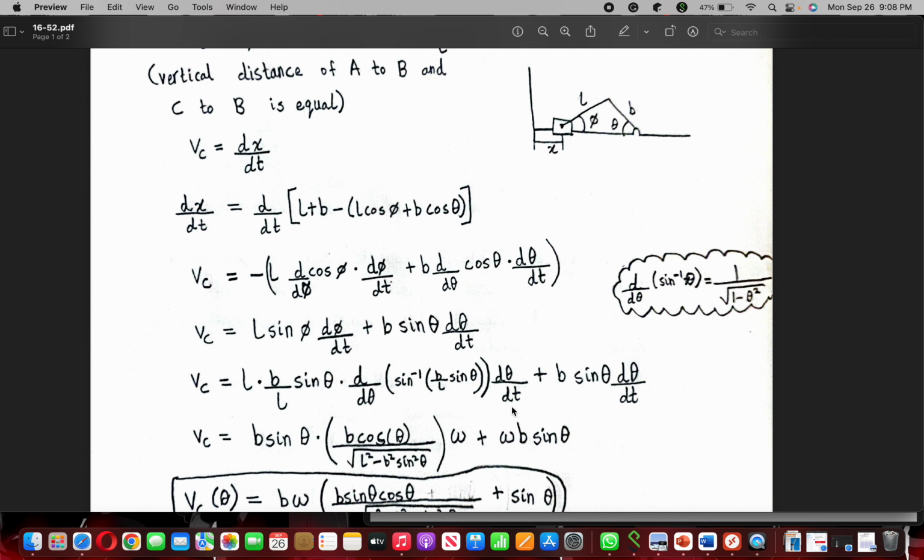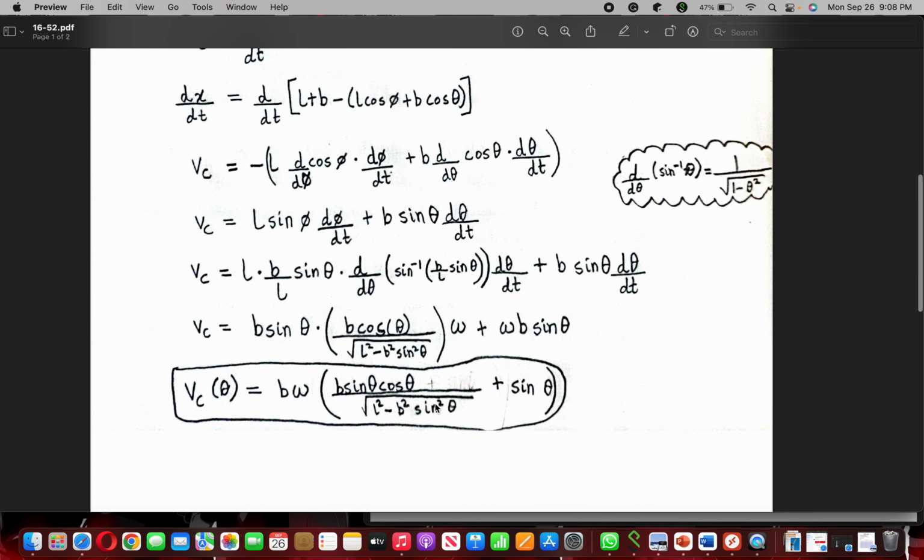So using the chain rule and also how to differentiate inverse trigonometric ratios, we differentiate this, and we get velocity at C as a function of theta equal to b omega, and in bracket it's b sin θ cos θ over under root L square minus b square sin square θ, and then plus sin θ.